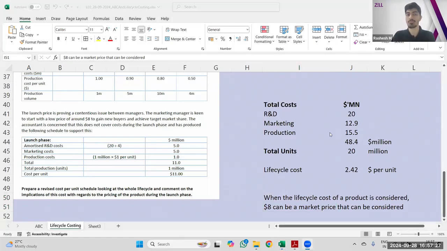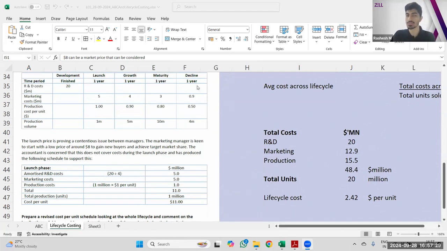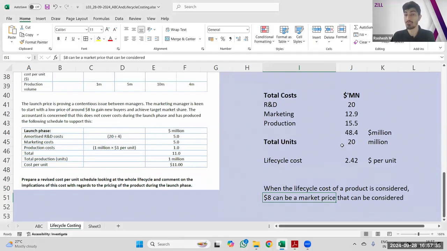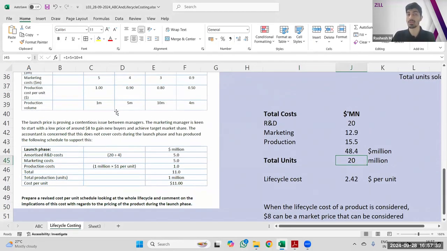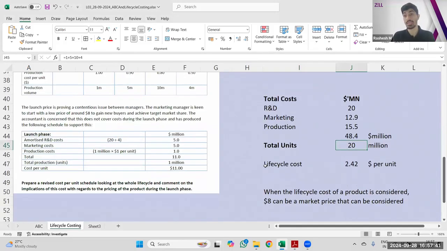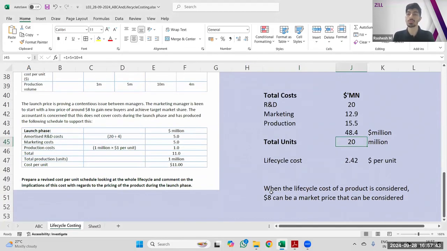Of course, they'll only give it to you in some sense where you have to add up the costs. And second, you'll have to remember that it's always a grand total of your units as well. Correct? Sometimes you still do the costing, but divided by first year's units, that will be a very heavy cost. So it's total cost divided by total units. Only thing to remember is to include all the costs once.